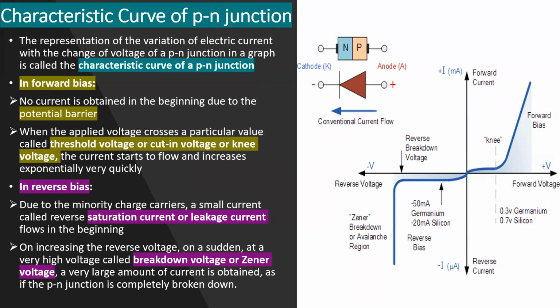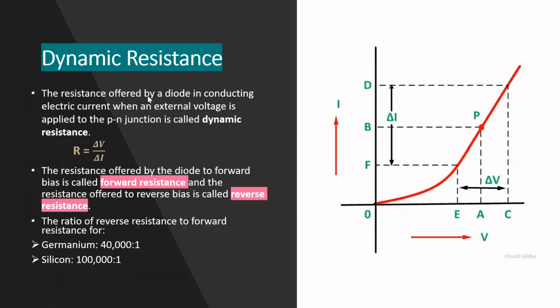So this is the characteristic of PN junction, and the notable or measurable quantity here is the resistance. So let us see how we can calculate or find the resistance in the forward bias and the reverse bias. It is usually called dynamic resistance. Dynamic means in the working condition.